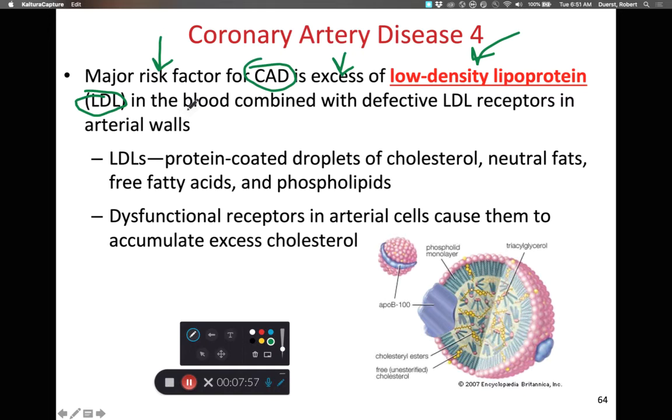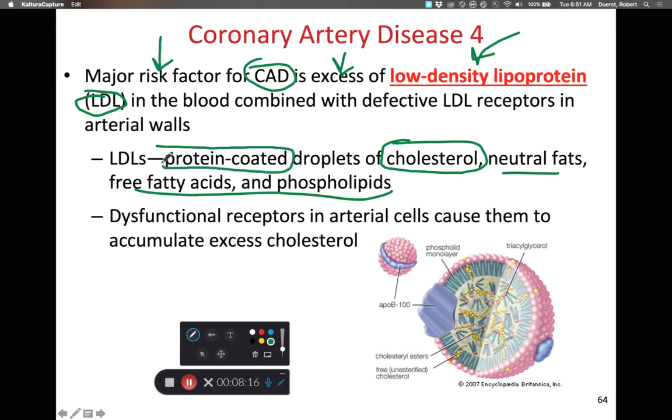And when we look at LDLs, LDLs are a droplet of cholesterol, but since cholesterol and fats and fatty acids and phospholipids, all these lipids are hydrophobic and don't mix with water well, they need to be coated by an amphipathic protein that allows for them to be dissolved within the bloodstream.